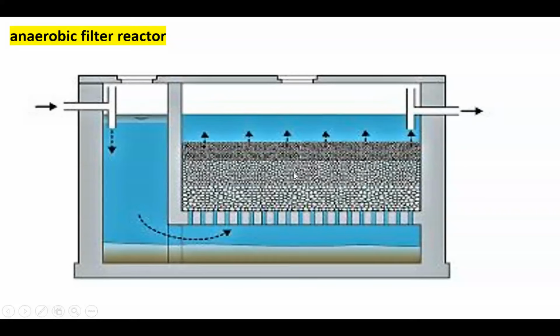Only then can it efficiently get the time to eat the matter, it gets processing time and has good contact with the wastewater. So the packing also we have to take care of. A good packing is needed for the perfect working of this reactor.